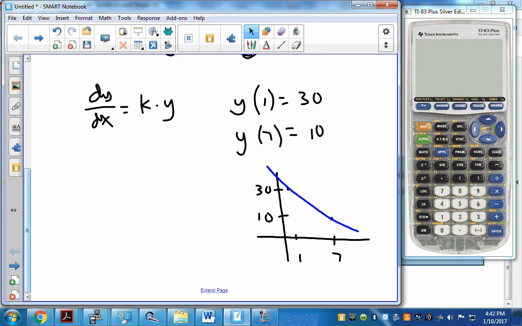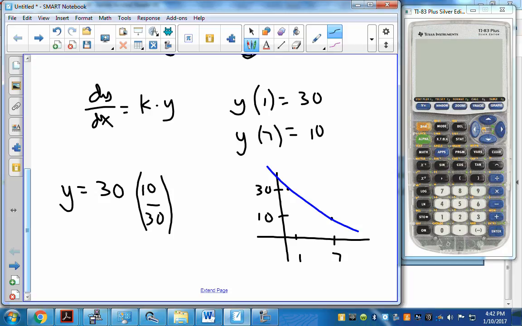Okay, so this is how we do it. And again, look at the previous video. You'll see this works reasonably well. We start with 30, the first point that's given, and then we take the ratio of the two y coordinates, so 10 over 30, and then we have to raise this to a power. x is our variable here, so we're going to have x.